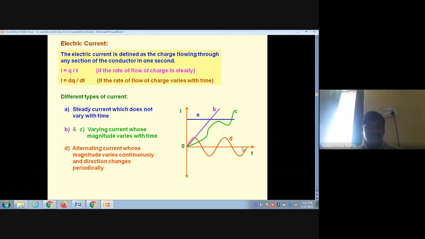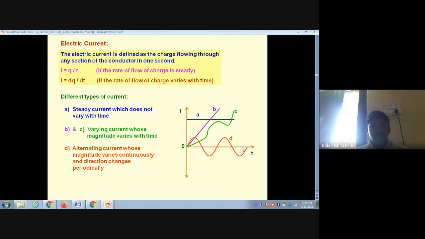Its direction is changing. The magnitude looks constant, it's the same. But the current continuously changes its direction after every equal interval of time. So this type of current is called alternating current. Is it fine?